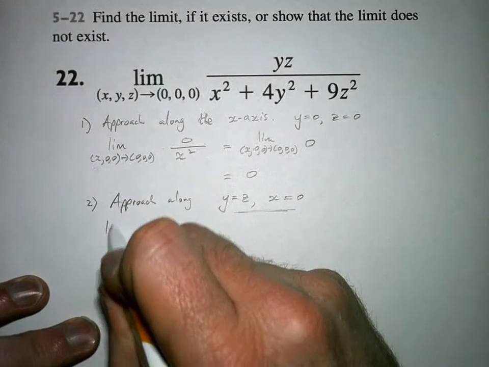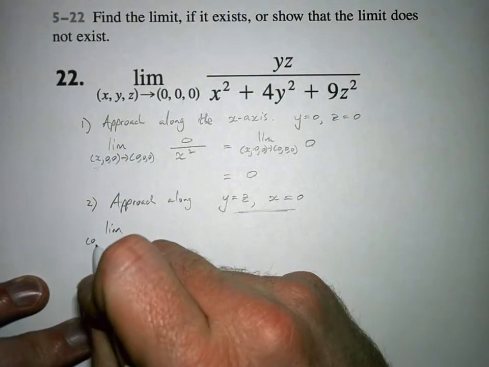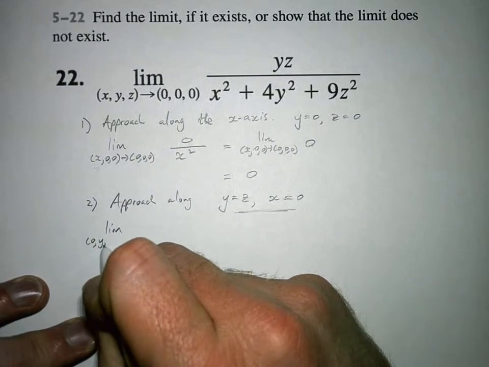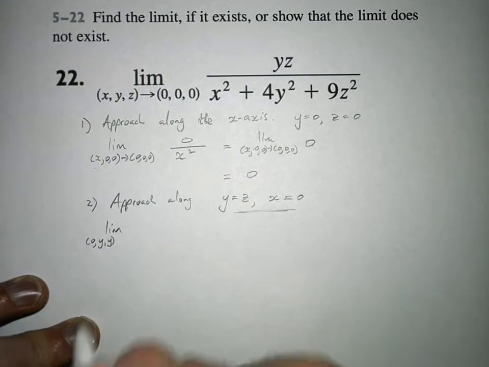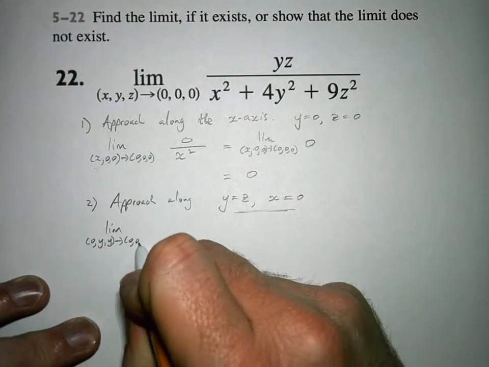And now of course our limit becomes the limit where x is 0, y is y, and z is also y. So that shows that we're on that line there, (0, y, y), approaching the point (0, 0, 0).